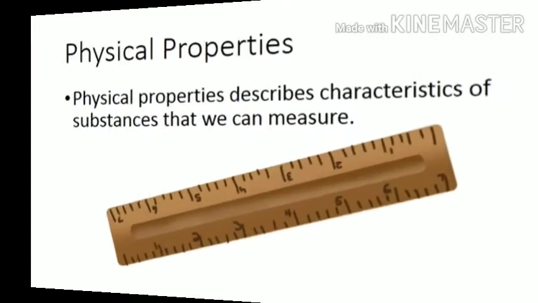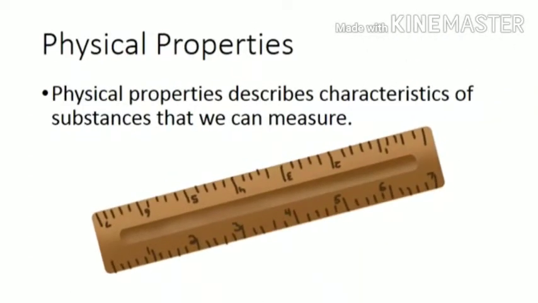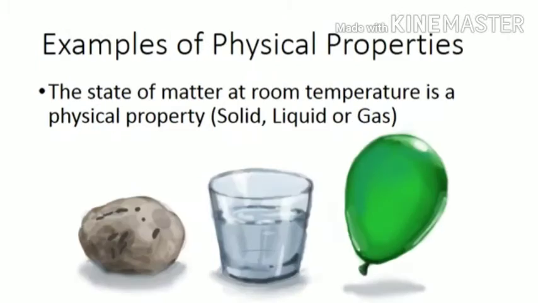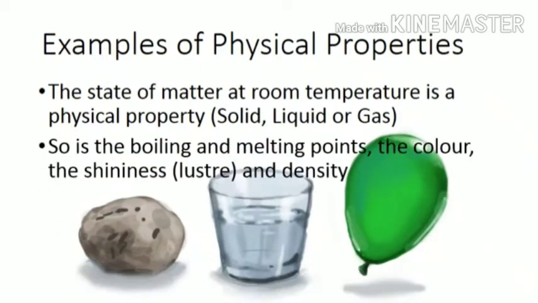Now, before discussing more examples of physical change, I would like to introduce another terminology: physical properties. These are the characteristics of a substance that can be measured. Let us see what those characteristics are. The state of matter at room temperature, whether it is solid, liquid or gas, is a physical property.